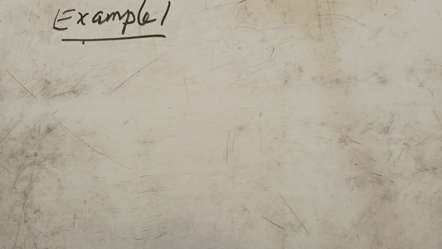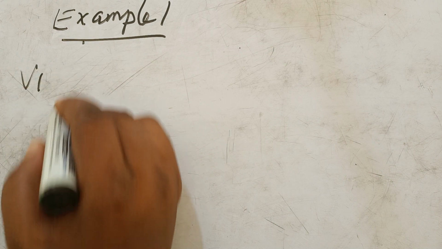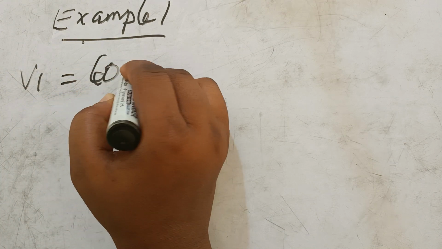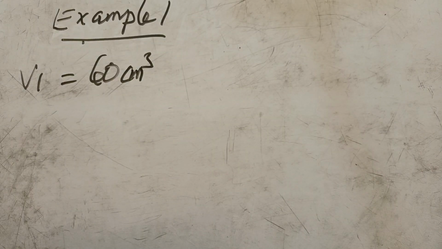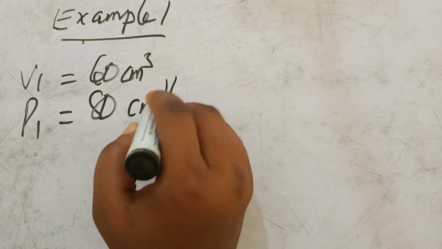Let's attempt to answer that question. For example 1, you realize that the fixed mass of the gas has a volume of 60 cm cube, and that tells us that that's the value for volume. Again, we are also given that this volume is at a pressure of 80 centimeters of mercury, so our pressure is 80 centimeters of mercury.